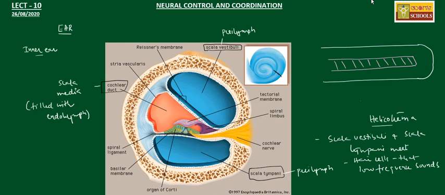Situated on the basilar membrane is the actual auditory structure that receives the sound waves, called the organ of Corti.